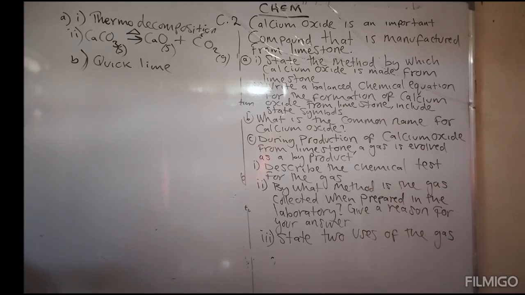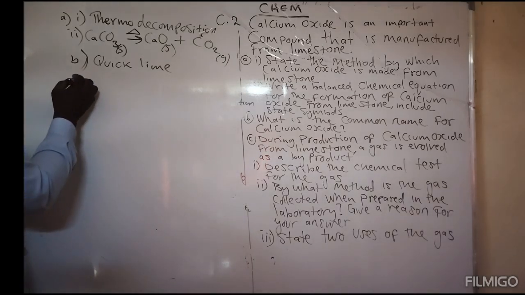Next, C. During production of calcium oxide from limestone, a gas is produced as a byproduct. Then C1, describe the chemical test for the gas. The gas here is carbon dioxide. So what's the chemical test for carbon dioxide?